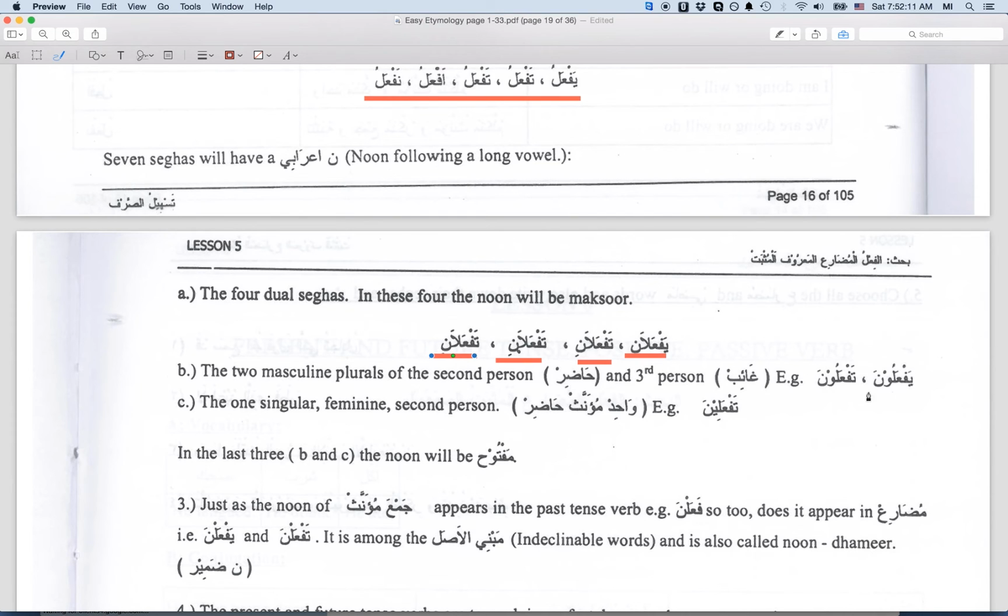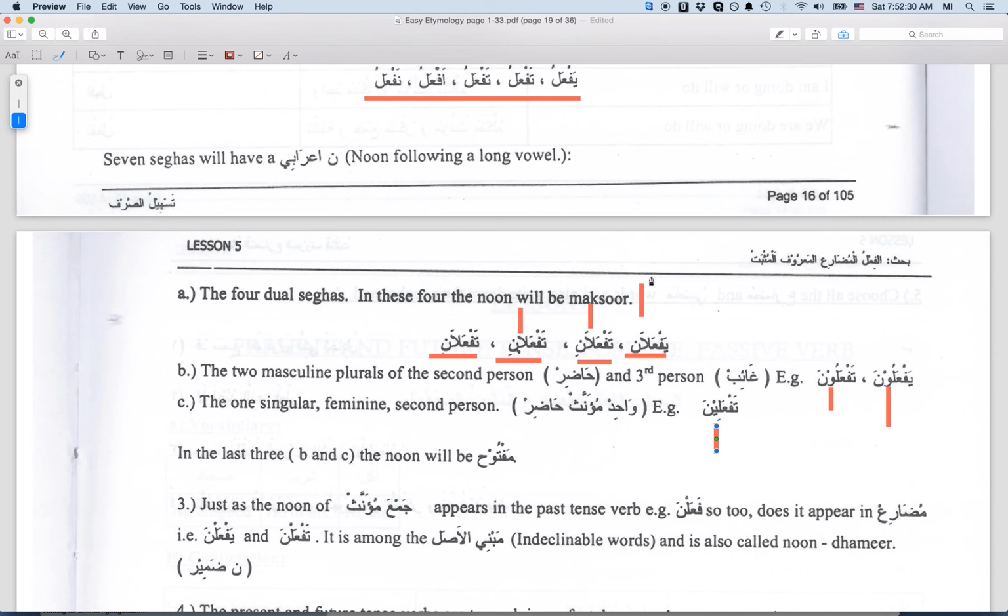The 2 masculine plurals of the second person, حاضر. So يفعلون, they're saying a long vowel, and there's going to be a prolongation, and a noon at the end. These are the basic prolongation rules.